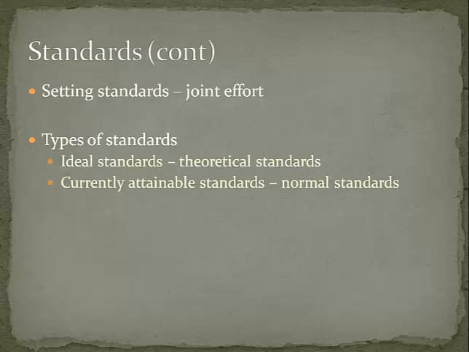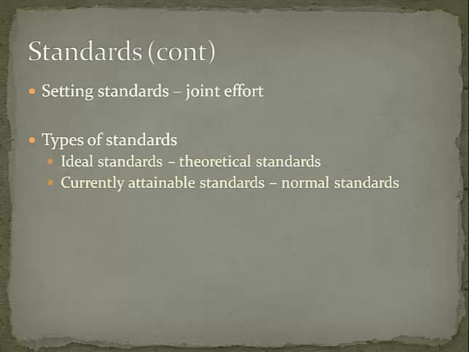And there are two types of standards that you can talk about: ideal standards and then attainable standards, or normal standards. So an ideal standard is your best case scenario, that optimal level or your theoretical standard. It may be like your best case scenario, what you would like to do in a perfect scenario, the ideal itself. Okay? And companies set standards at one of these levels, again, at an ideal level or at the normal level.